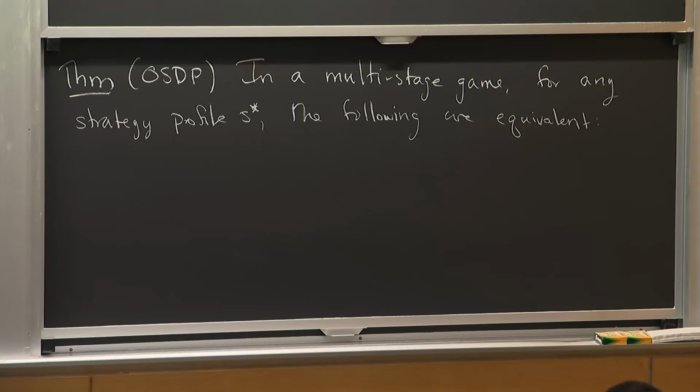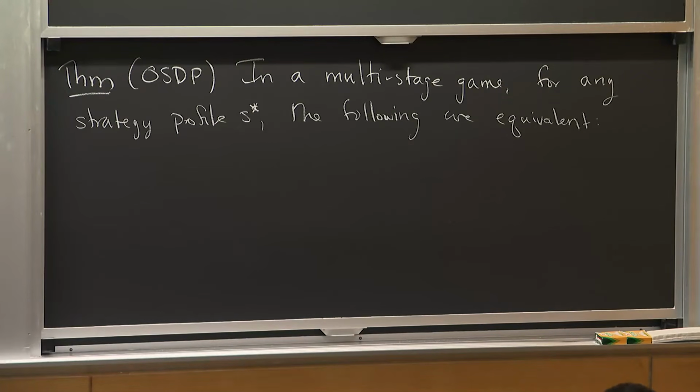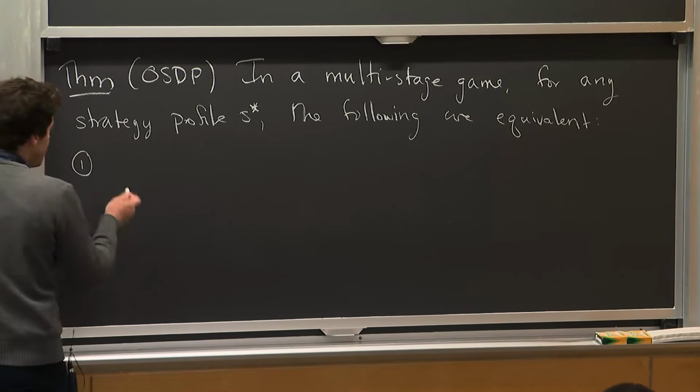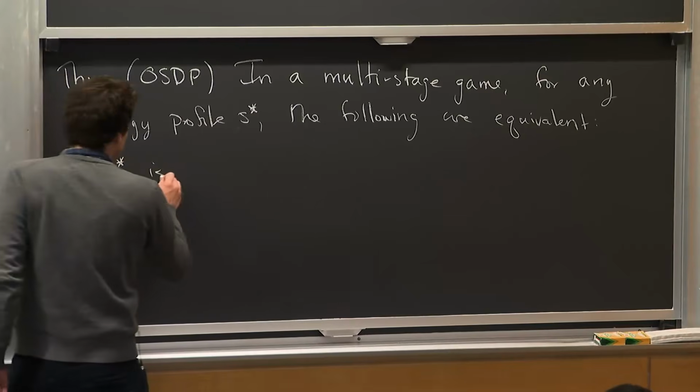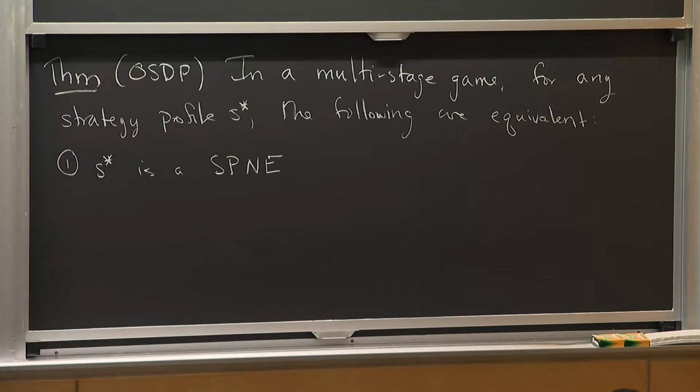So we're going to list some statements about a strategy profile S star that are equivalent. So either all the statements hold or none of the statements hold. The first statement is what we're interested in: that S star is a subgame perfect Nash equilibrium.